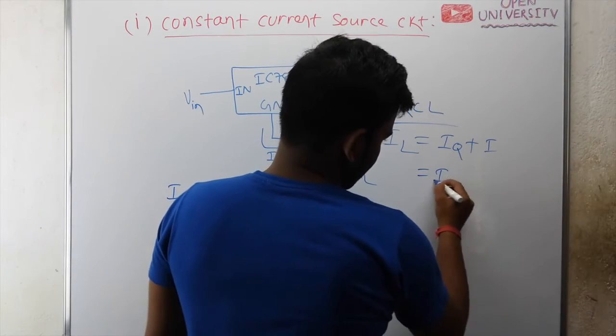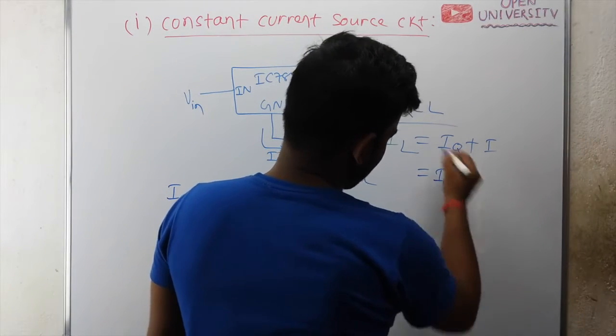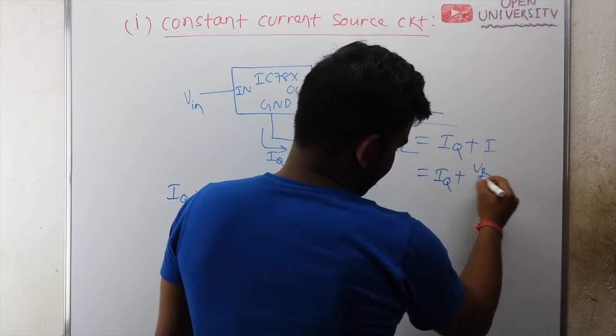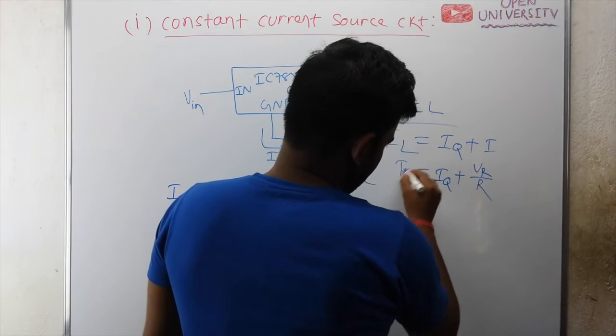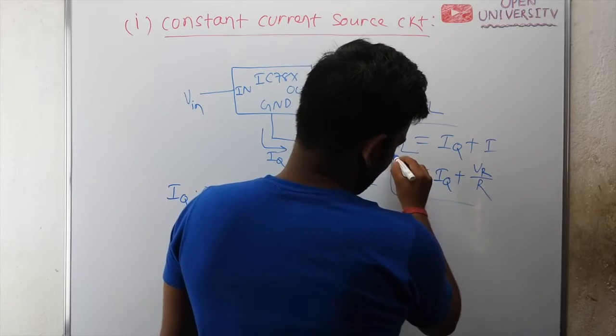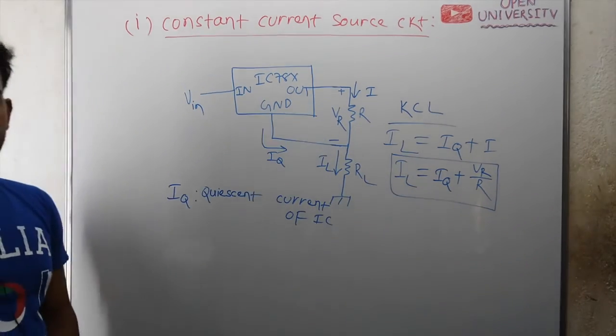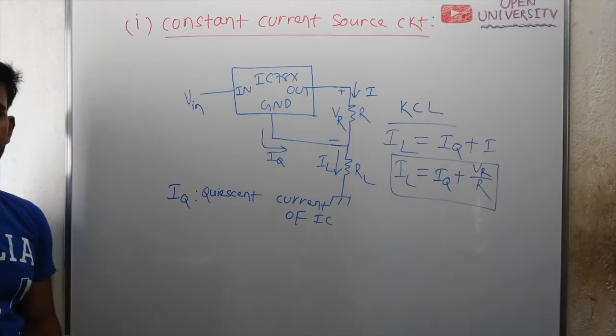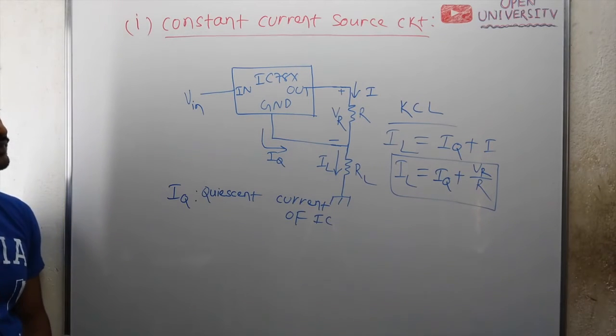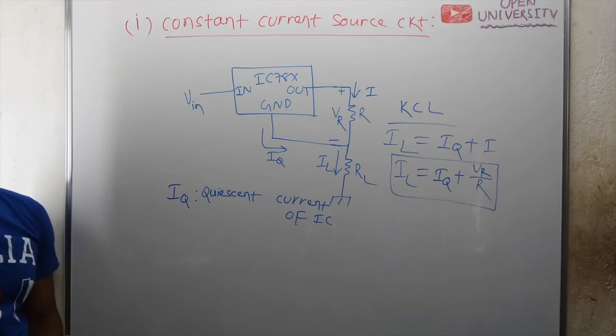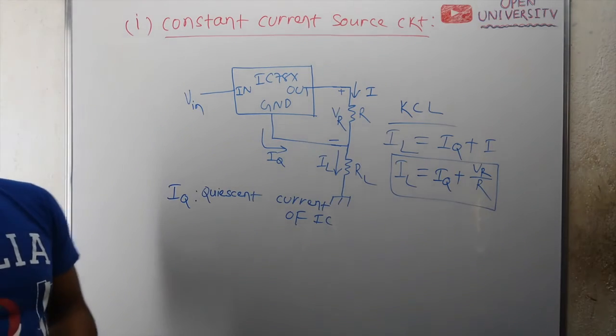What is I? I equal to VR by R. This is the equation of your load current, which is IL equal to IQ plus VR by R.